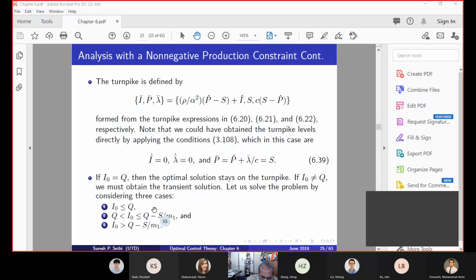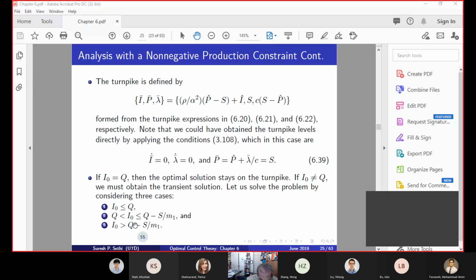We will also see that only if I0 is bigger than this quantity, that formula for P star becomes negative. So once again, for this condition the unconstrained solution is also the optimal solution.